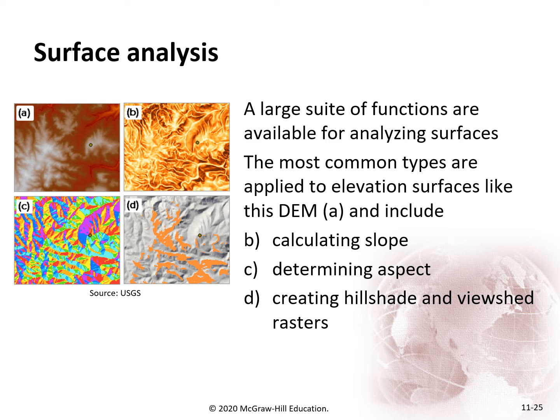Hill shades simply take and create a fixed position for the sun in the sky, and then based on the configuration of the landform, it shadows the side of the DEM that is away from the sun to give it a more realistic approach. Now, oddly enough, it has a default setting for where the sun should be in the sky.